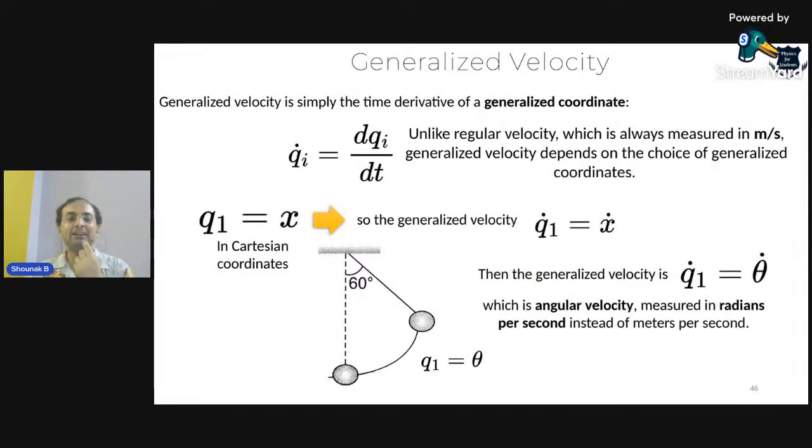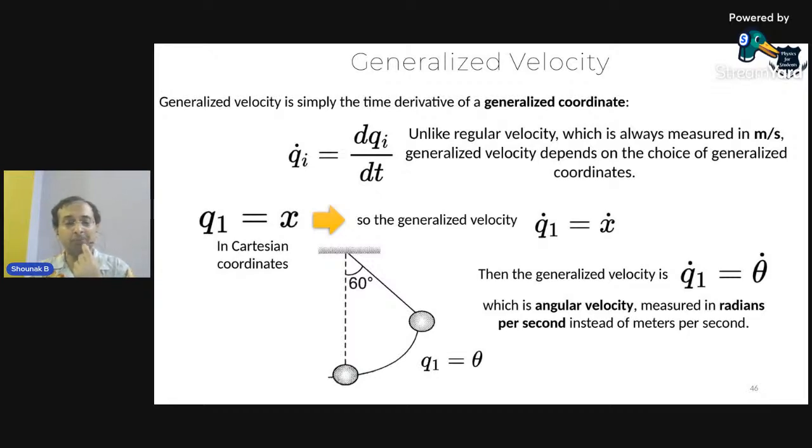And we get what is called a generalized velocity also. Unlike regular velocity, which is in meters per second, generalized velocity depends on the choice of the coordinate. So q1 equals x now becomes q1 dot equals x dot, and generalized velocity can also measure angular velocity in radians, etc.